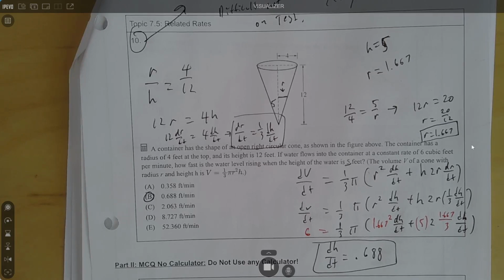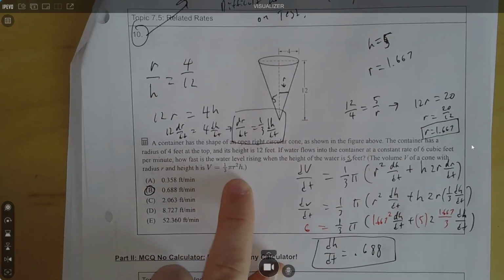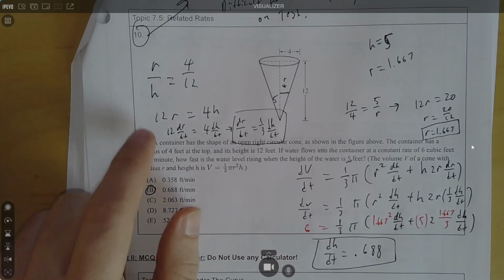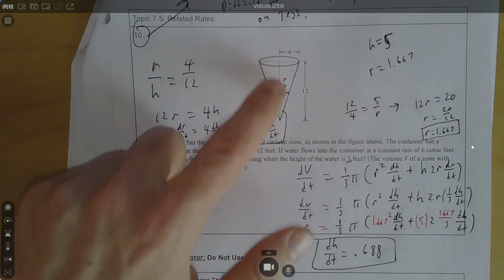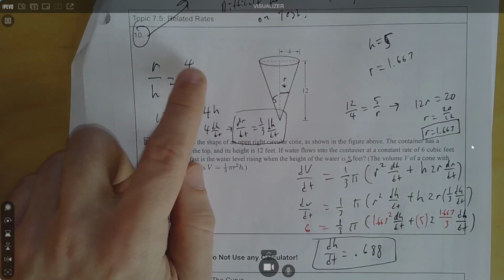Basically, this problem has two formulas. There's the volume formula right here, V equals 1/3 pi r squared h, and then there's another formula that relates r and h as they relate in a cone. R over h is 4 over 12.